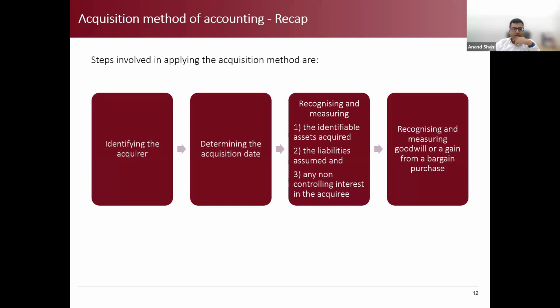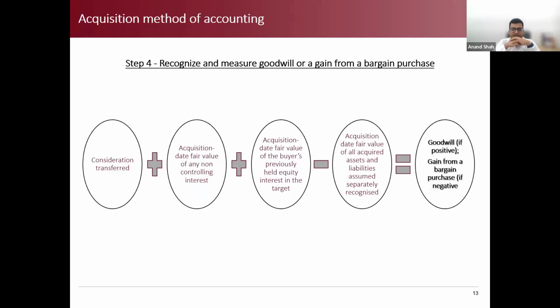As we saw, we spoke about the first three steps. The fourth step is recognizing and measuring goodwill or gain from a bargain purchase. How do you recognize goodwill or a gain from a bargain purchase? Again, a simple mathematical formula. It's the consideration transferred, that means the amount that was actually paid, plus the fair value of non-controlling interest, plus the fair value of any previous stake that was held by the acquirer in the target, less the assets and liabilities assumed which have been separately recognized.